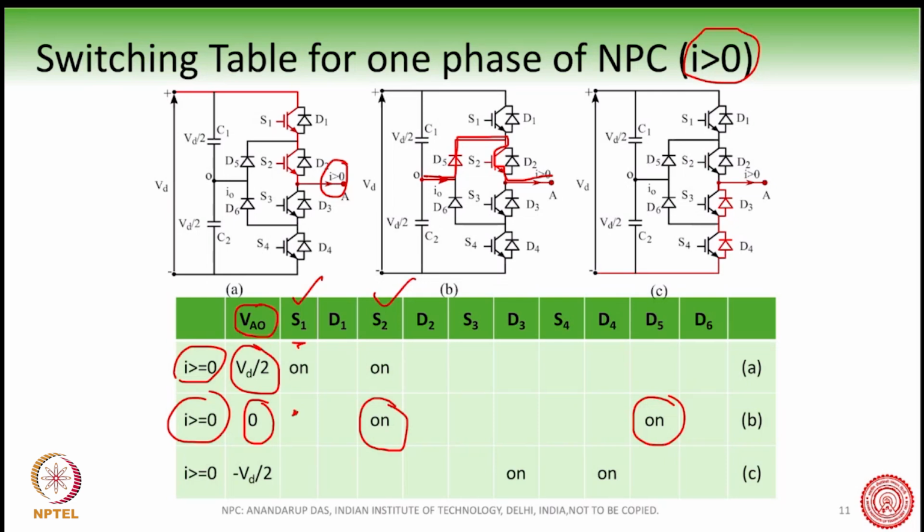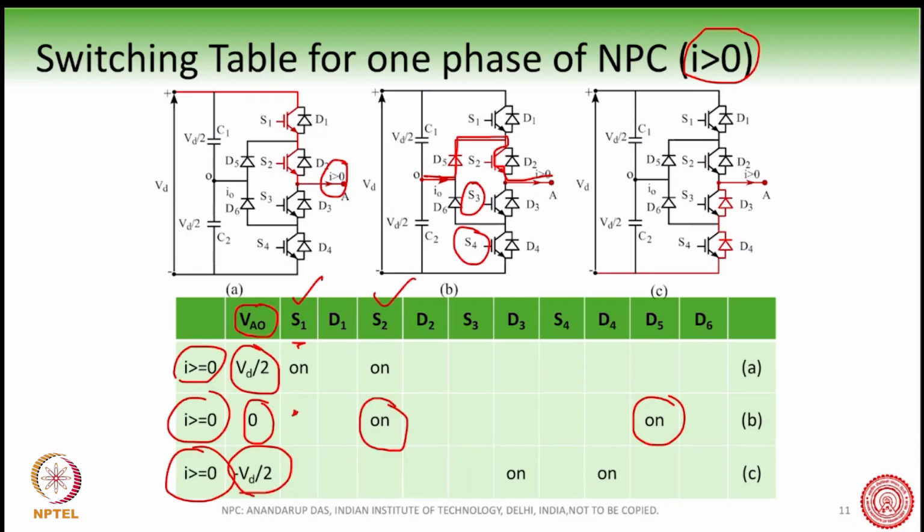Now let us take the third condition, which is I greater than 0 and VAO is minus Vd by 2. In this case, since I want to get a minus voltage, I will give gate pulses to S3 and S4.